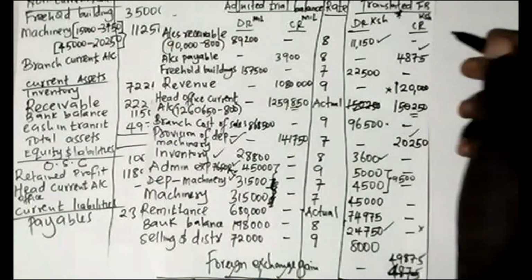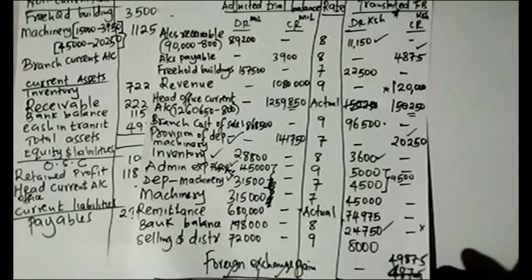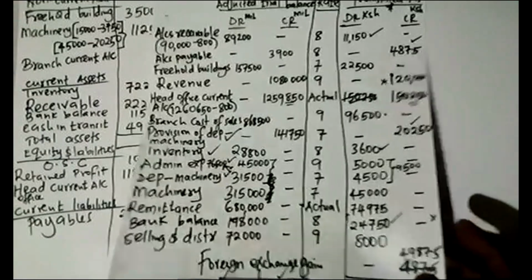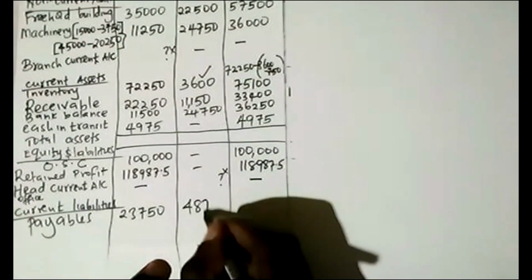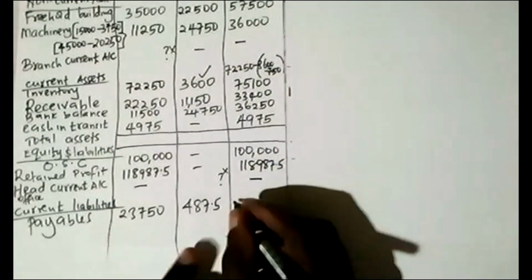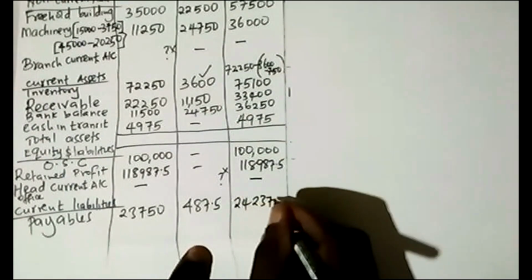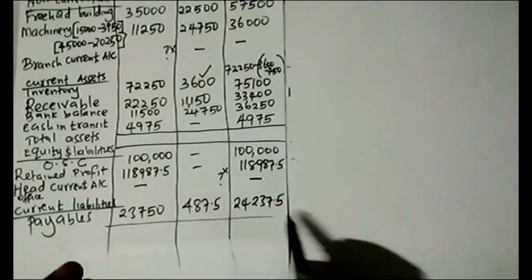It was 487.5, the one which is translated. I think you have seen that. If I add the two, I'm getting 24,237.5.